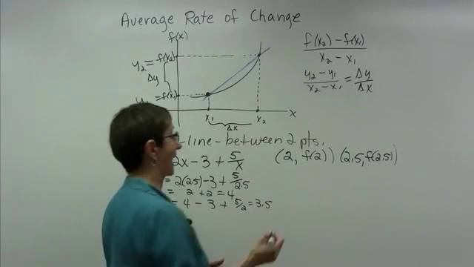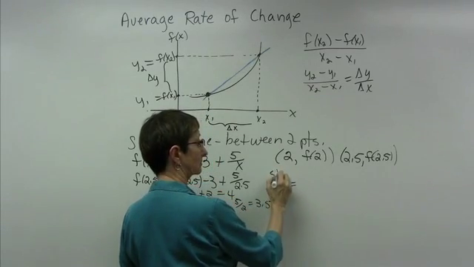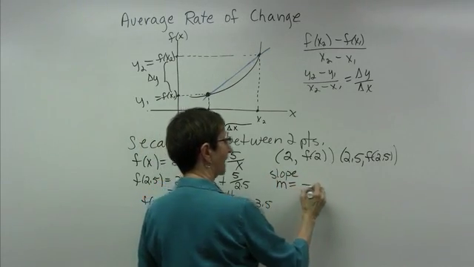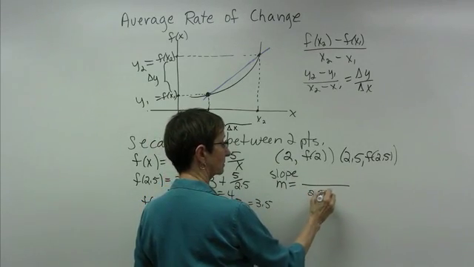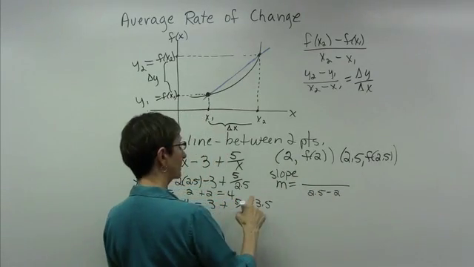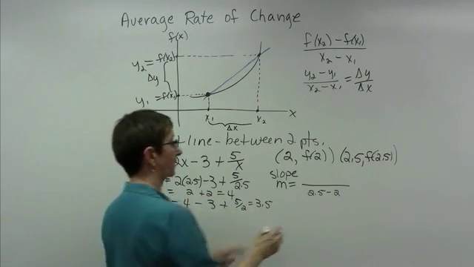So let's set up the average rate of change, or you can call it the slope. In the denominator, I have 2.5 minus 2. In the numerator, I have 4 minus 3.5.